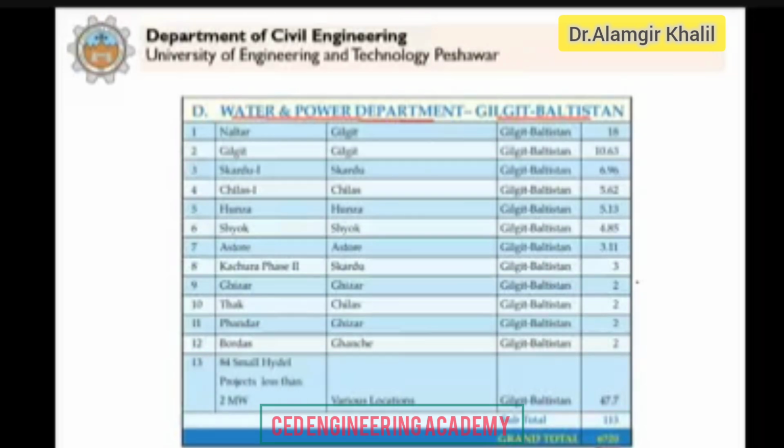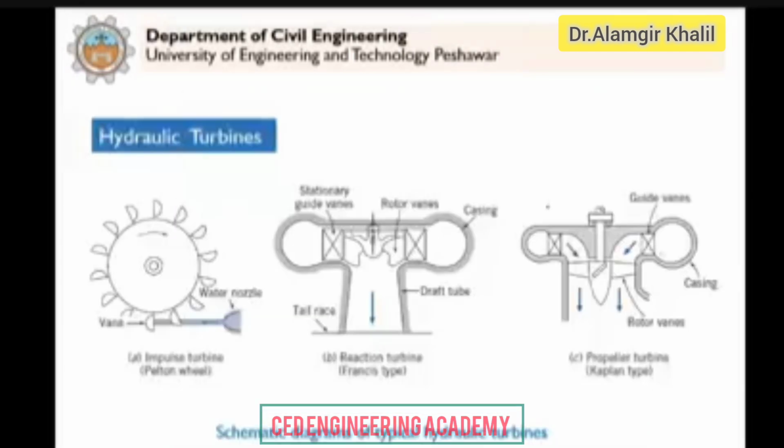So you can see the importance of this, and because civil engineers will be involved in the construction and working of these hydropower plants, that's why we need to study the turbines. So hydraulic turbines or water turbines that are driven by water can be divided into two very broad categories.